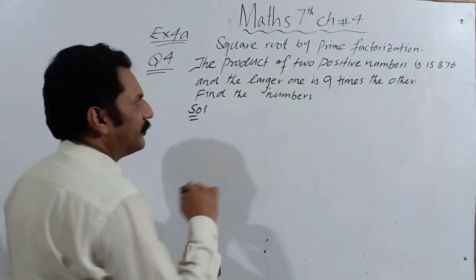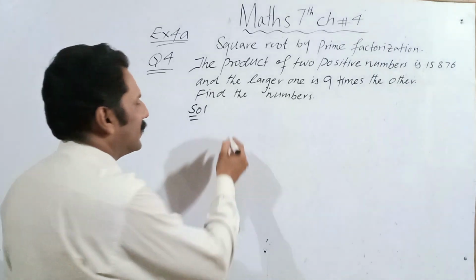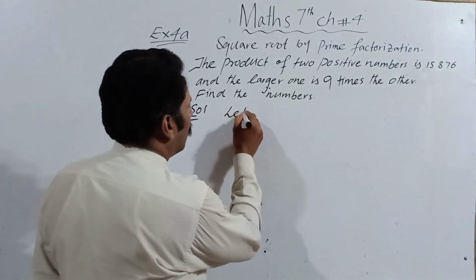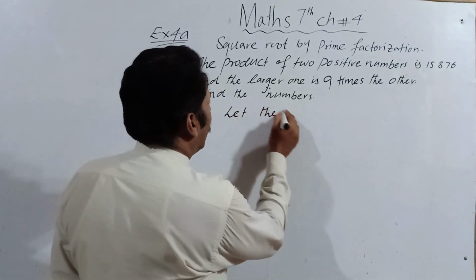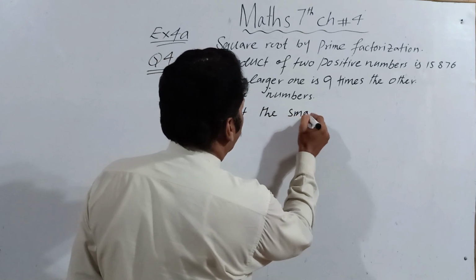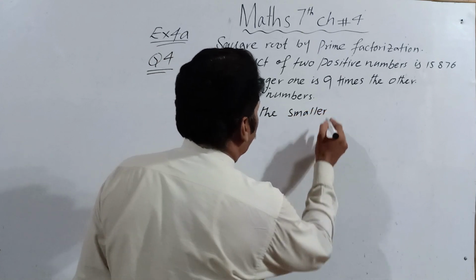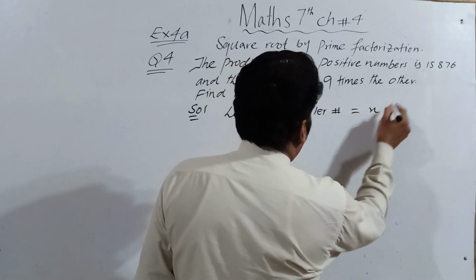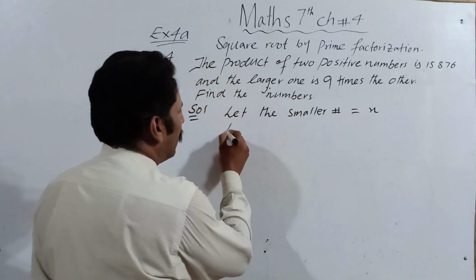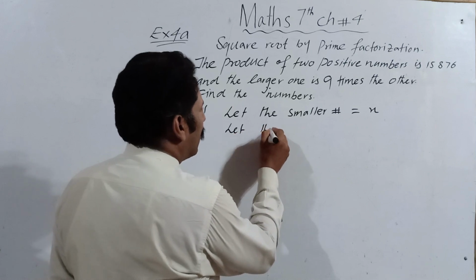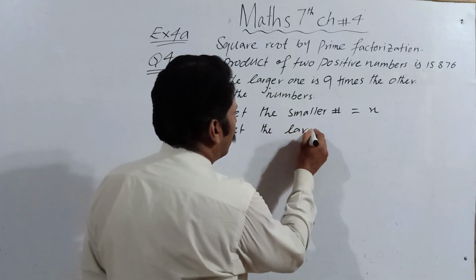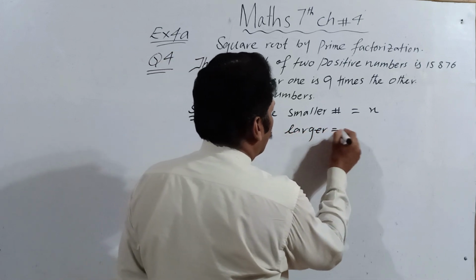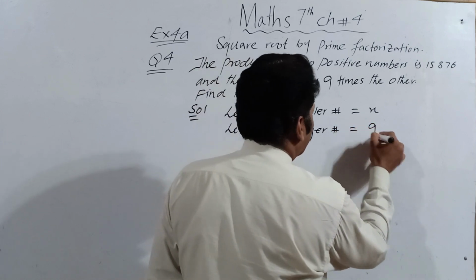Let the smaller number equal x, and let the larger number be 9x.